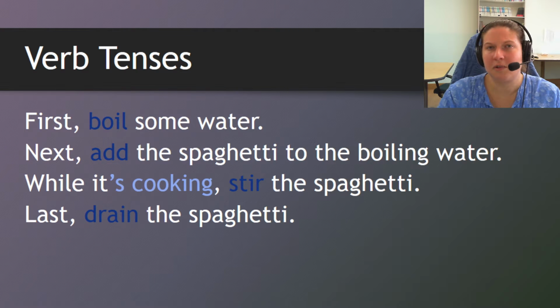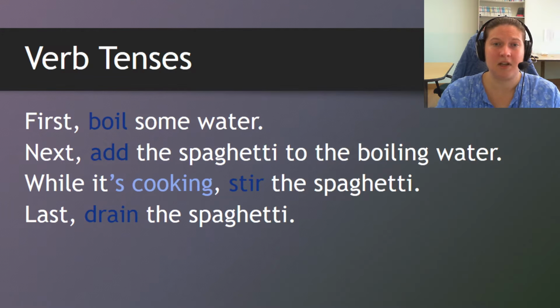Now, the verb tenses are where it's different. When you're giving directions, or when you're writing a recipe, or anything that's like how to do something, you'll use imperative verbs. So this is the imperative verb form. Boil, add, stir, drain.